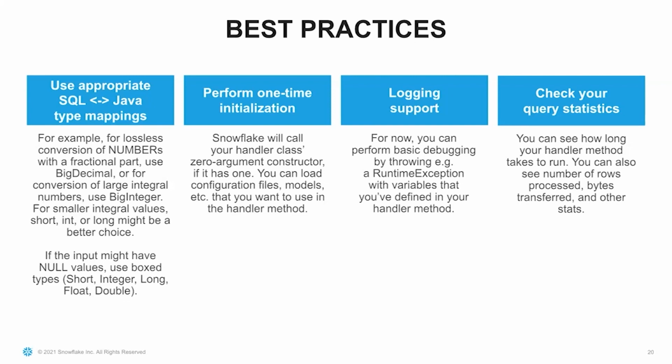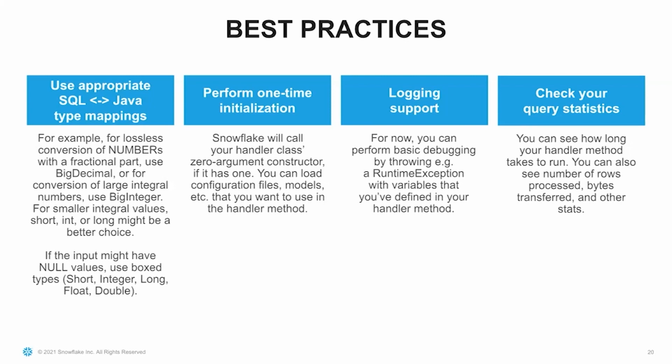Also, for performance, think about doing one-time initializations. Instead of doing this initialization each time someone calls the UDF, use the static class that you are using for binding to do the initialization outside of the particular method.